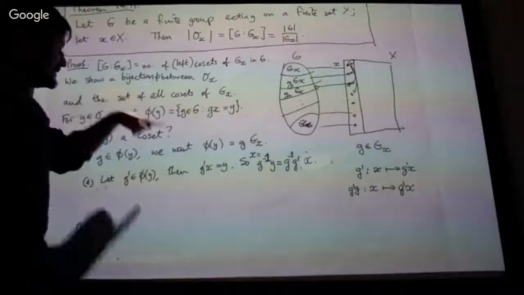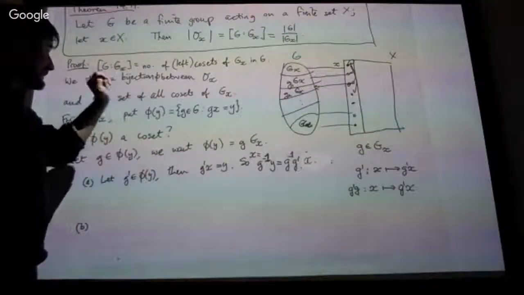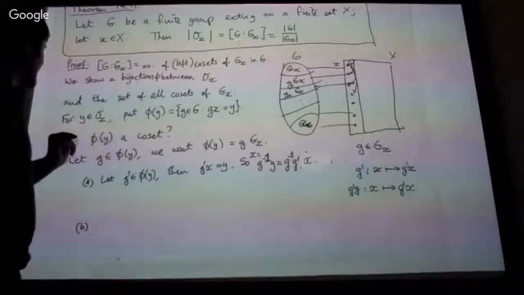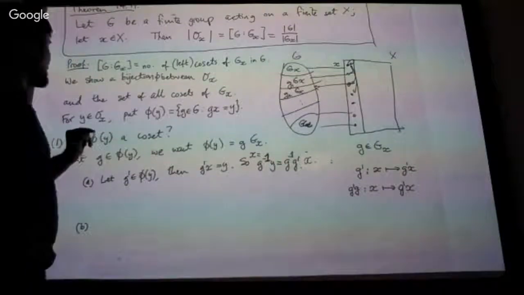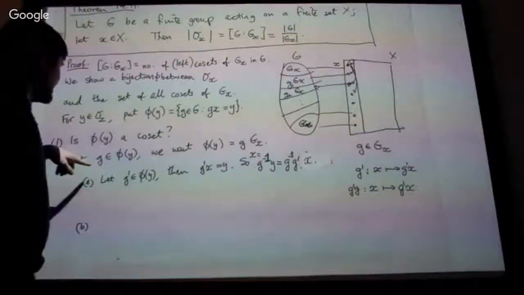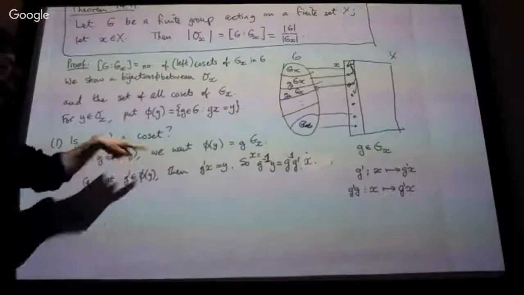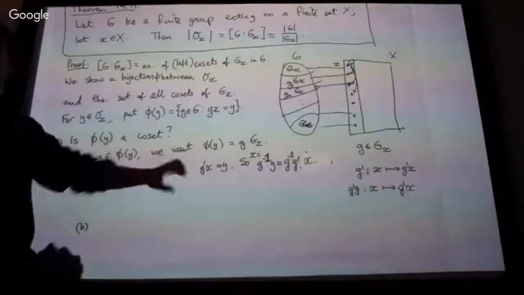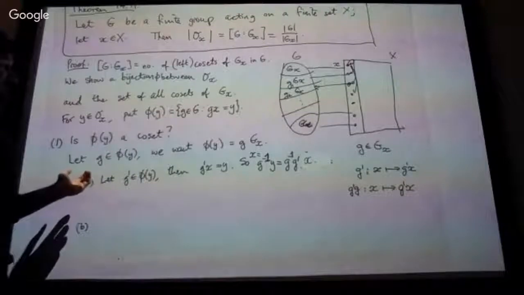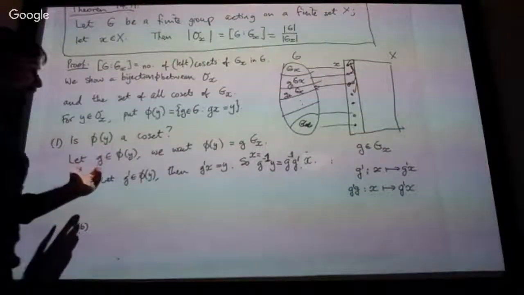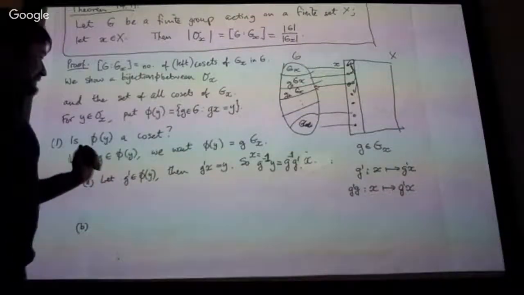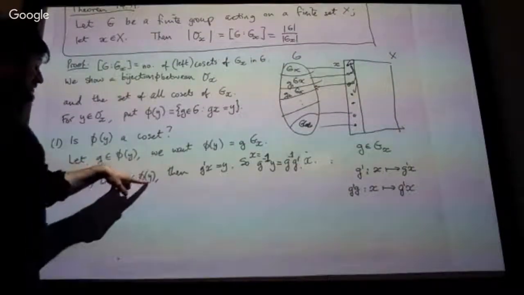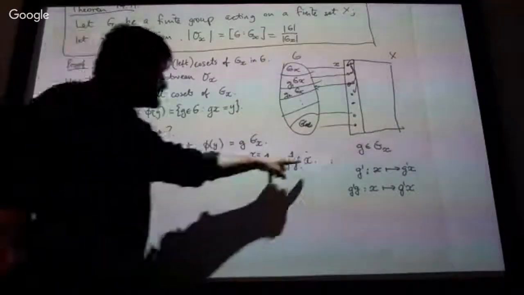Right, g sends x to y, because g is in phi y. So g inverse sends y to x, because inverses send things back where they belong. g dash is also in phi y, so g dash x is y.